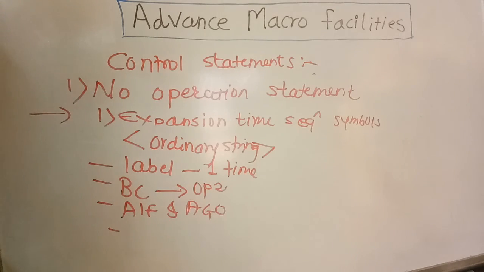It may be used many times in operand fields. Its syntax changes from one macro processor to another. And the last point is that at expansion time, the macro processor can also change them. So these are the different rules related to expansion time sequencing symbols.